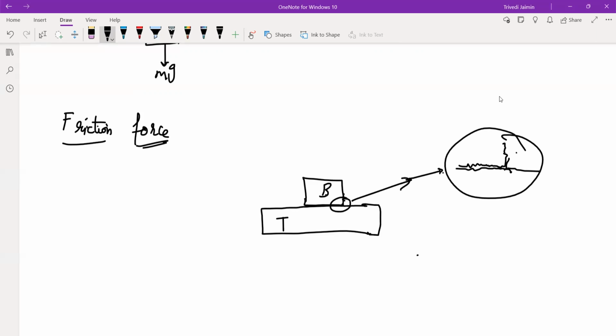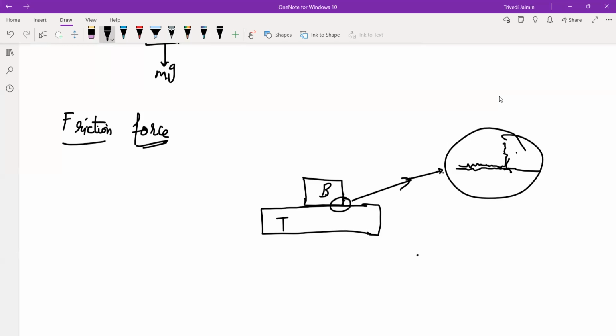Even though ice is slippery, it is not perfectly smooth. So this will create some friction. This will come inside this gap and create some force to resist the motion. That force we call friction force. At the molecular level, molecules come in contact with each other and stop the motion.